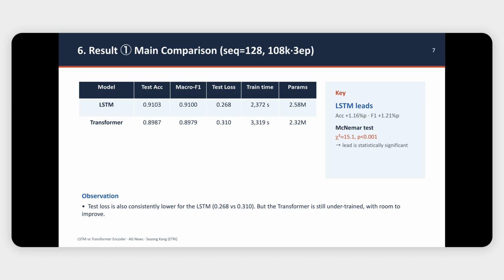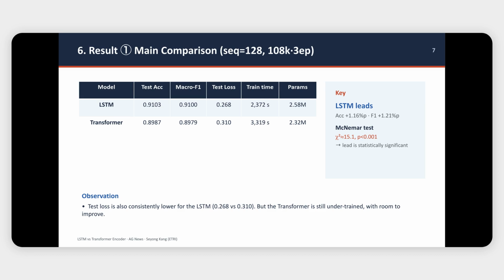To check the gap isn't by chance, I ran a McNemar test, which looks only at cases where the two disagree. The LSTM alone was wrong on 207. The transformer alone on 295, with a p-value less than 0.001, less than a 1 in a thousand chance of being random.